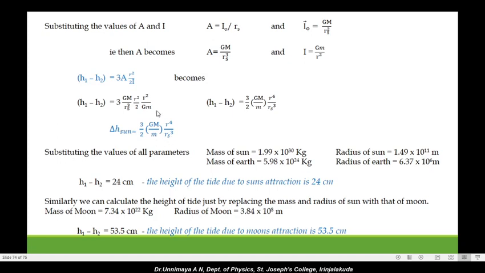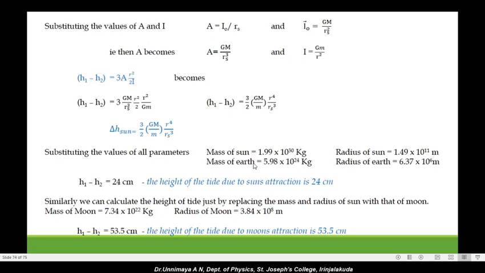So now here we have the mass of sun, mass of earth, radius of earth and radius of sun. These are the various parameters here. So now substitute the values of these parameters. We know that mass of sun is 1.99 into 10 raised to 30 kilogram. Radius of sun rs is 1.49 into 10 raised to 11 meter.